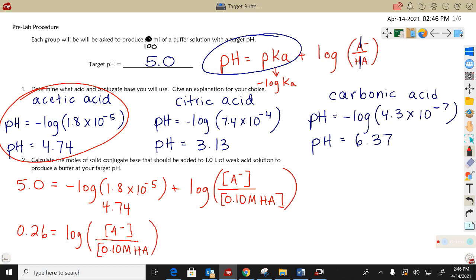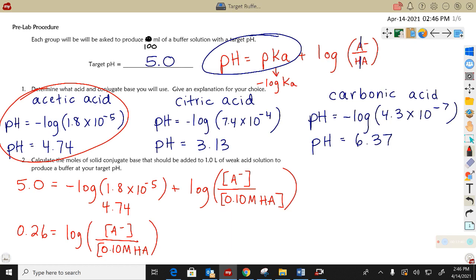Okay, let's see if we can simplify this a little bit better. If I want to get rid of the log, these are logs base 10. So I could just take this 0.26 and put it up there as the exponent of 10, right?